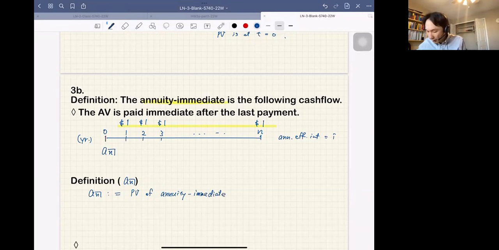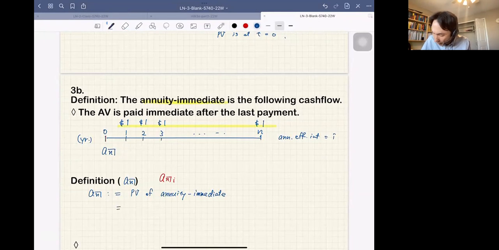Maybe I have to write a angle n at rate i, because the present value depends on i. But i is often omitted if it's clear, for example if i is given in the first sentence of the entire problem.